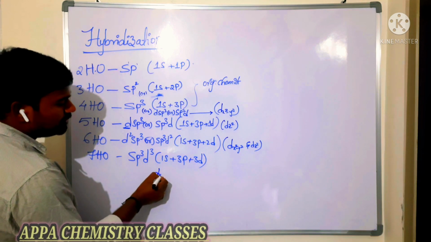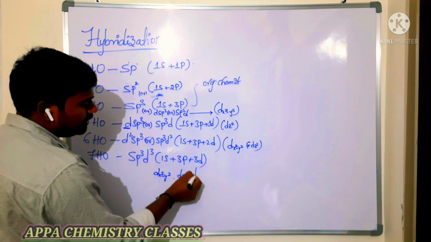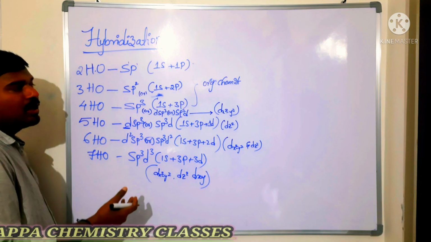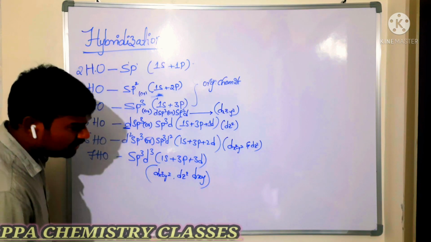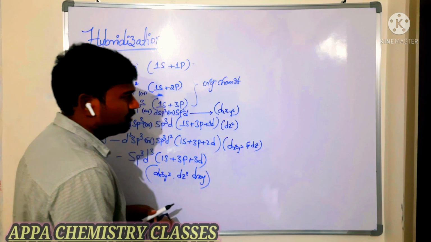In this case, dx square minus y square, dz square and dxy orbitals participate in hybridization. Is that clear? You are going to see that in complex compounds. You don't worry about that.